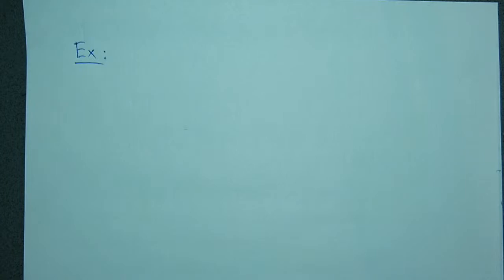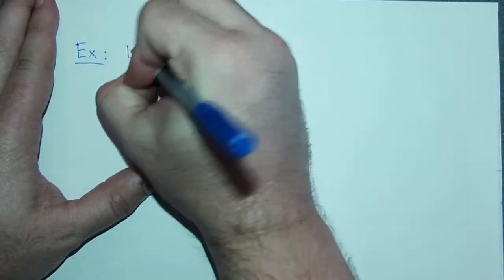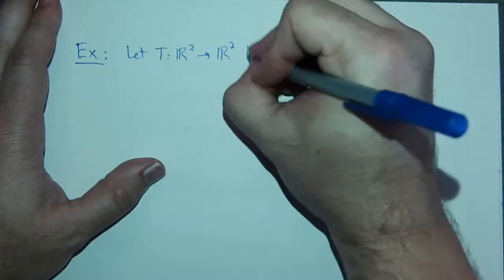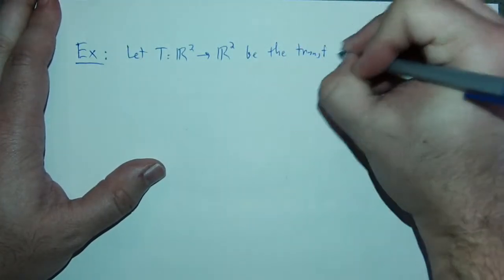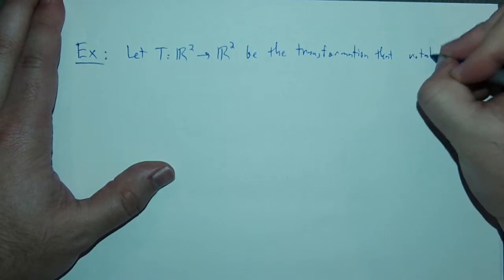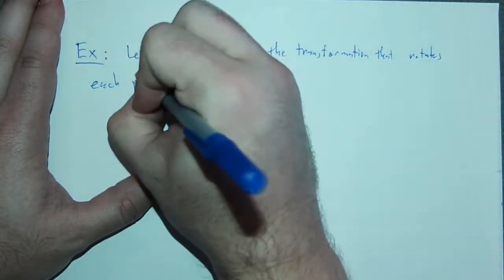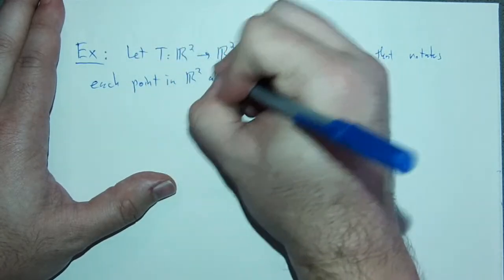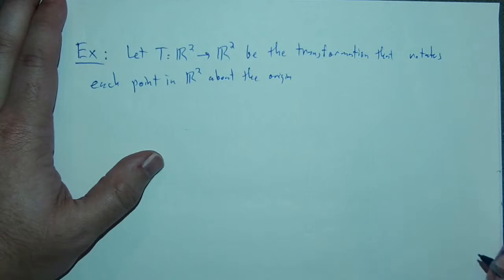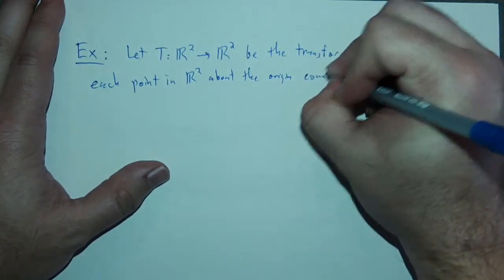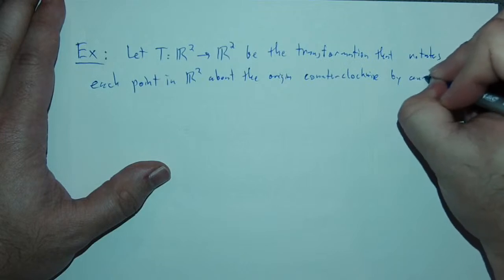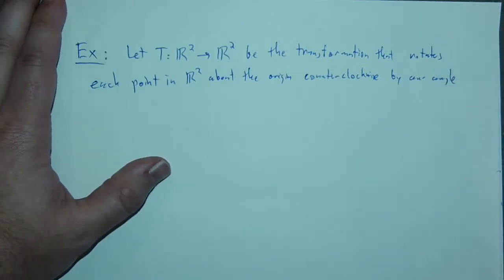Okay, so let's say T, which goes from R2 to R2, is the transformation that rotates each point in R2 about the origin counterclockwise by an angle phi.